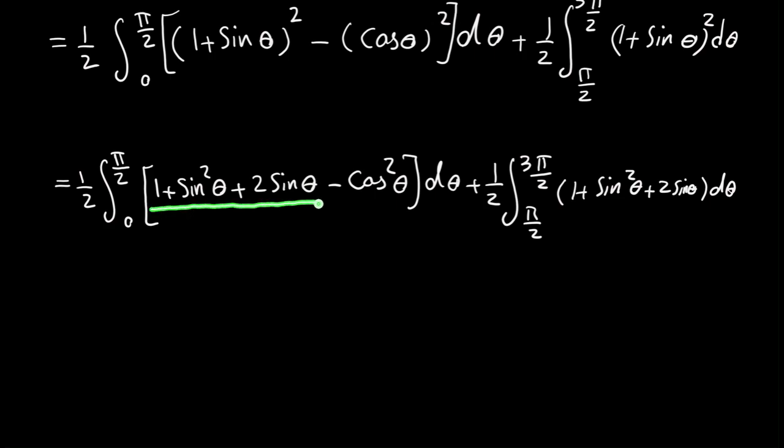Now let's simplify because we have positive sine squared and a negative cosine square.